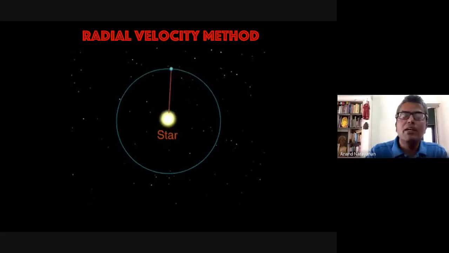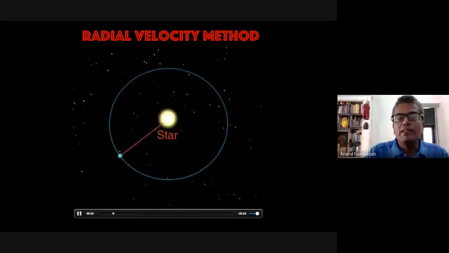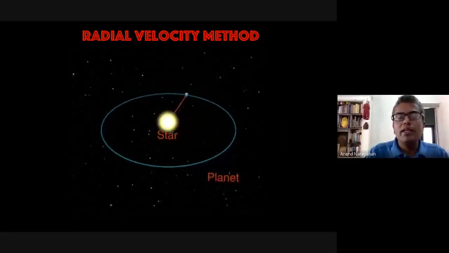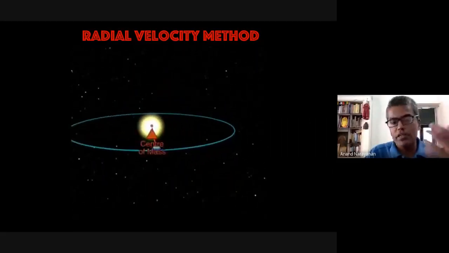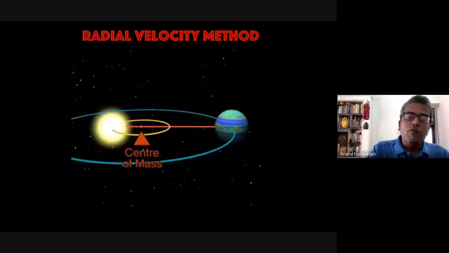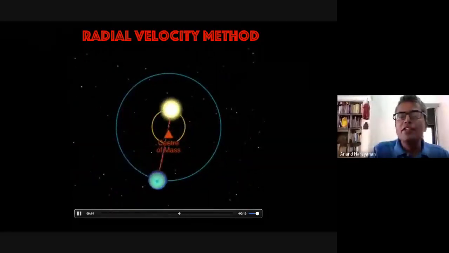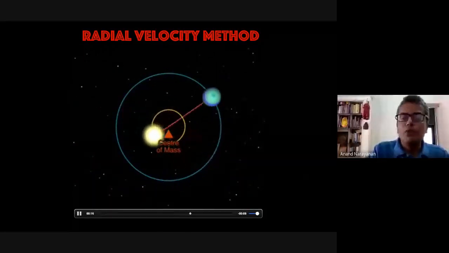The reason is because this radial velocity method has an observational bias built into it. The data that you get from it is skewed, and it is skewed in the following way. Since the detection of extrasolar planets depends on detecting this wobble motion, this back and forth oscillating motion, if the wobble motion is large, then it's easy to detect compared to tiny wobble motions.